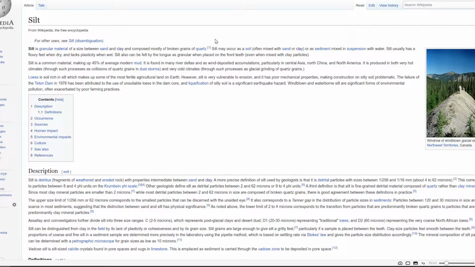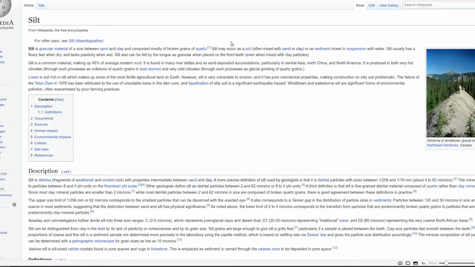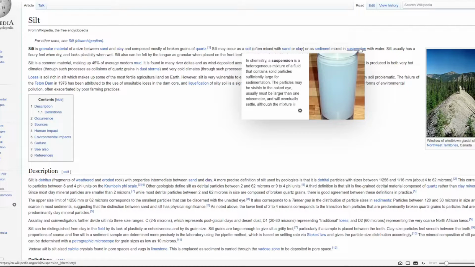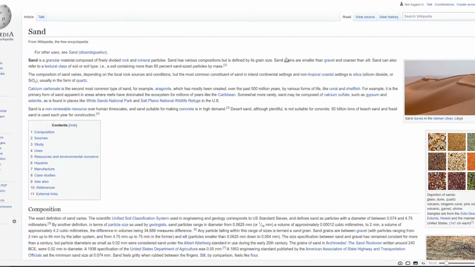Again, if we look at silt, it's a soil often mixed with sand or clay, or is a sediment mixed in suspension in water, which kind of means mixed in with the water. Here we go to sand. Granular material composed of finely divided rock. Here we go.